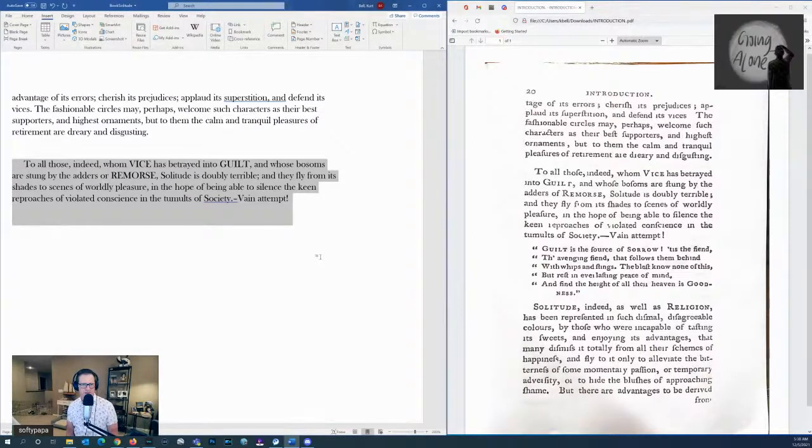They fly from its shades to scenes of worldly pleasure. So they run from the solitude, from the time alone, to places where others are, in the hopes of being able to silence the keen reproaches of violated conscience in the tumults of society. Vain attempt. Yes, vain attempt indeed. Good luck with that. Beautiful writing.